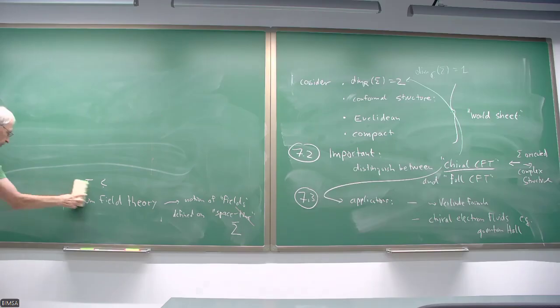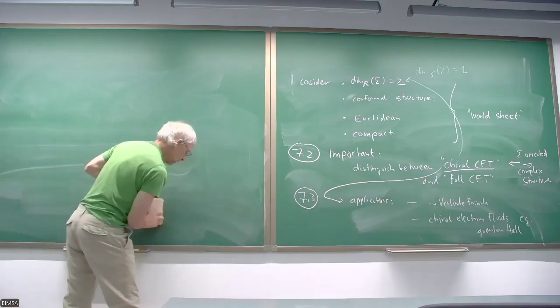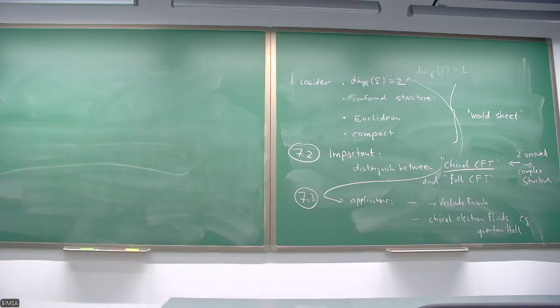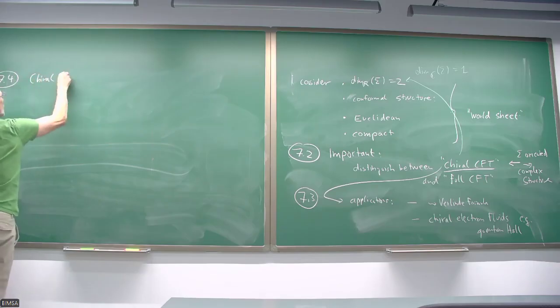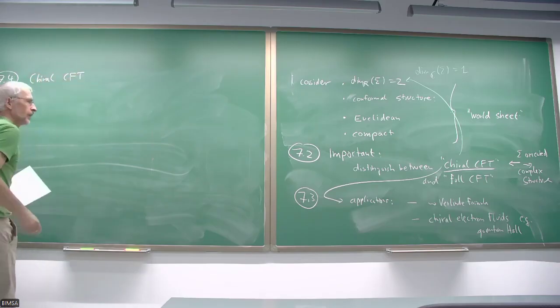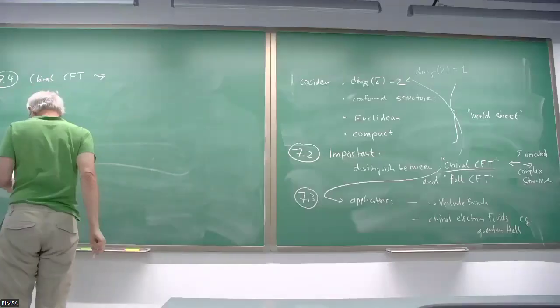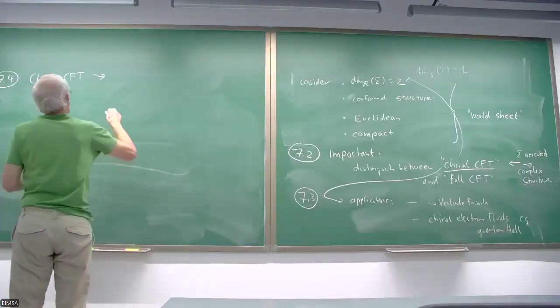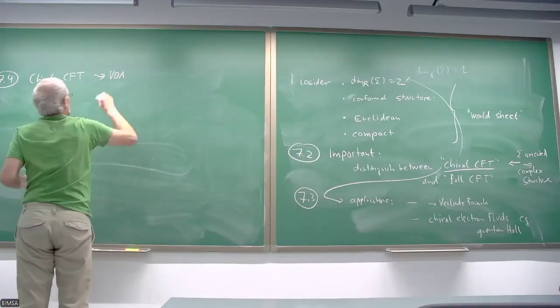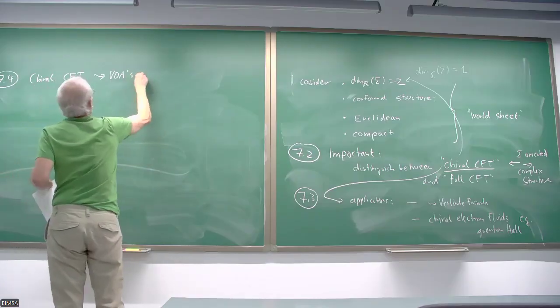And this brings us to the vertex operator algebra, about which I have already said I'm not an expert. So I will not give you any formal definitions here, but just some impression.